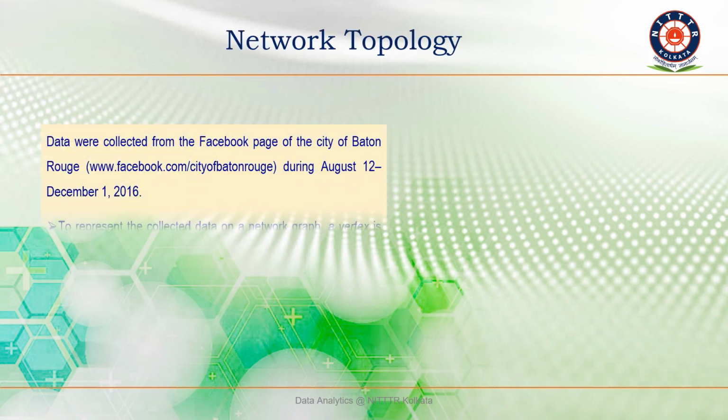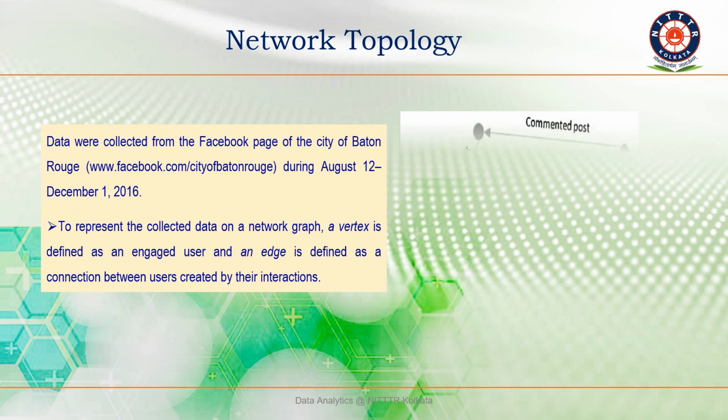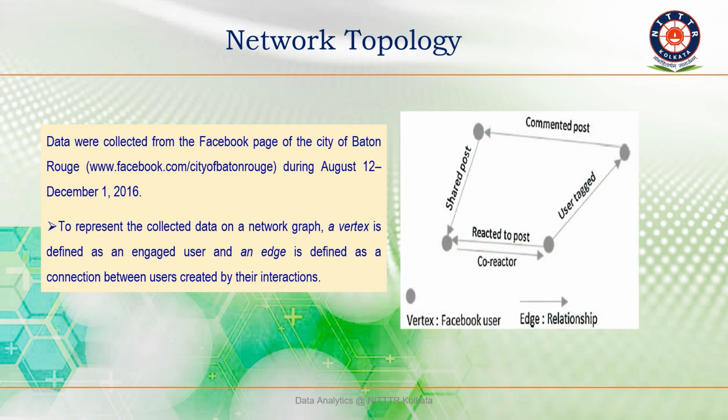Collect social media data from the Facebook page of the city of Baton Rouge during the period of the 2016 Louisiana flood, August 12 to December 1, 2016. The next objective is to explore connections and patterns created by the aggregated interactions on the Facebook page during disaster responses.